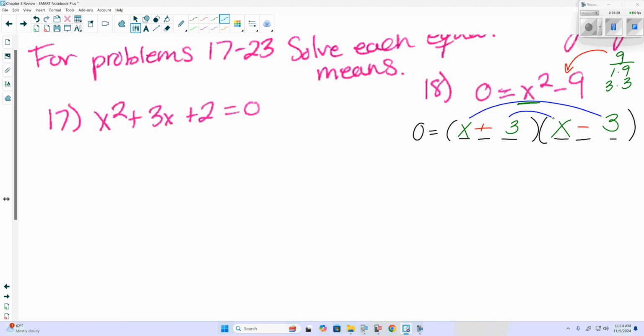So here we can check: x times -3 would be -3x, and 3 times x would be plus 3x. Will something like that be positive? Not in a factored or graphing problem; we'd have to use completing the square or the quadratic formula.